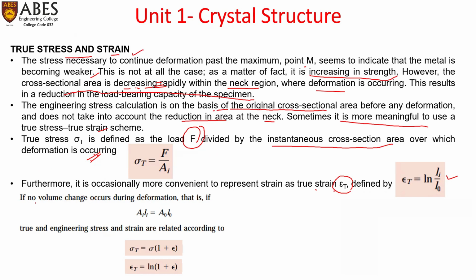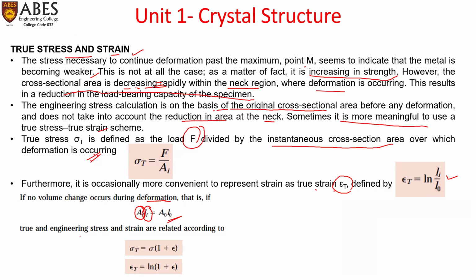Now if no volume change occurs during deformation, meaning either the area of cross section or length is changing but volume remains constant, then we can have Ai Li equals A naught L naught, where Ai is the instantaneous area of cross section, Li is the instantaneous length, and A naught L naught are the initial area of cross section and length of the specimen.